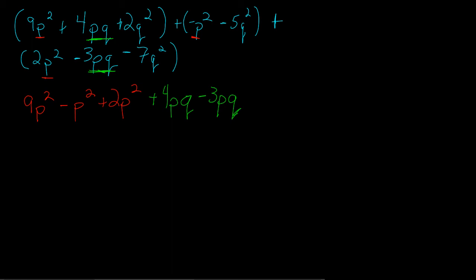And then my last term is the Q squareds, and I'll do that in yellow. So there's Q squared, there's Q squared, and there's Q squared. I'll do it down here. So the first one is plus 2Q squared minus 5Q squared minus 7Q squared.